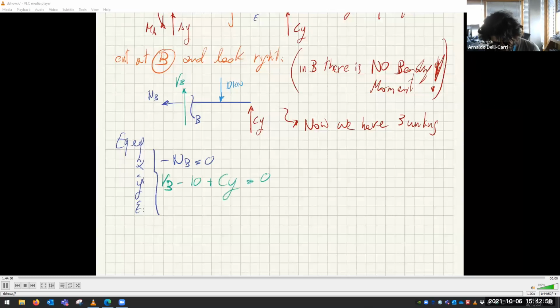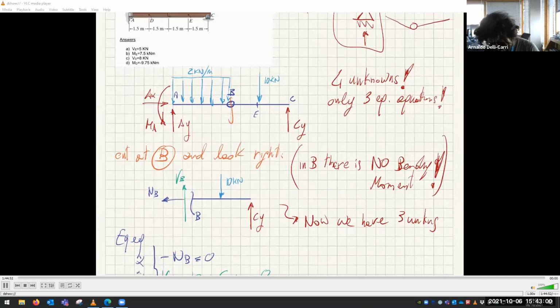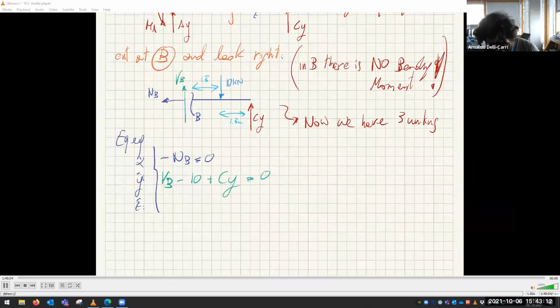But we know that, what's this? This is 3. So this distance is 1.5 and this distance is 1.5. So we have that 3 times CY minus 10 times 1.5 equals 0.